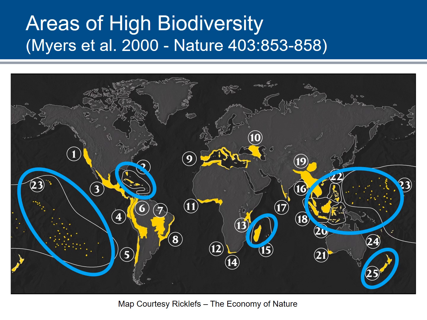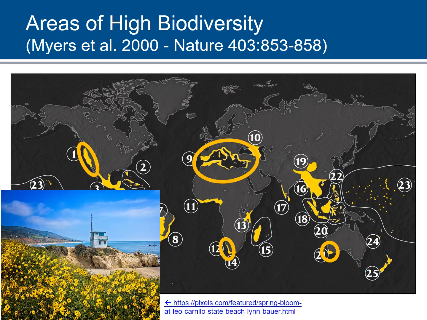Think of the lemurs of Madagascar that live nowhere else in the world. A lot of islands have unique flora and fauna, and because they can evolve in isolation and develop into new species on the islands, a lot of times islands have high biodiversity that's unique.